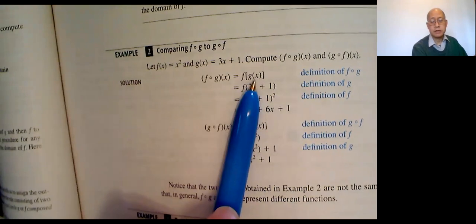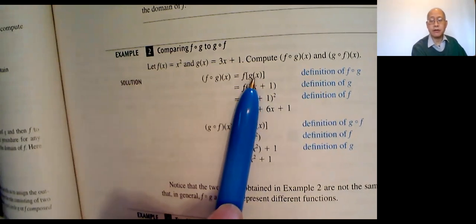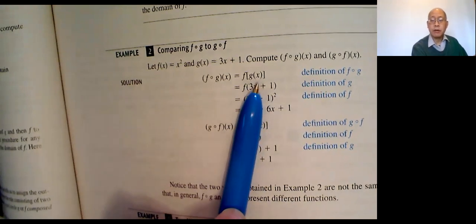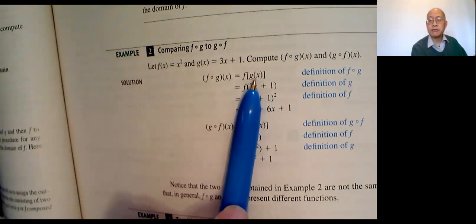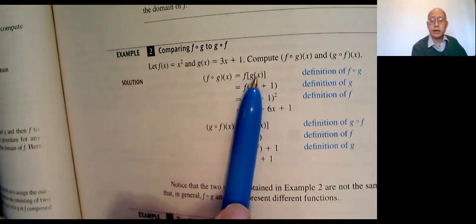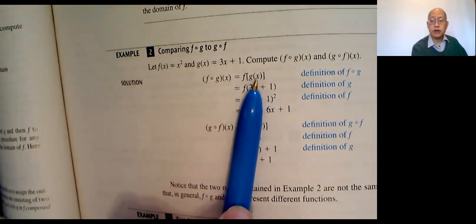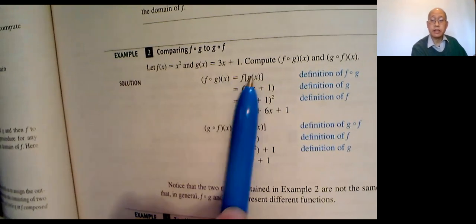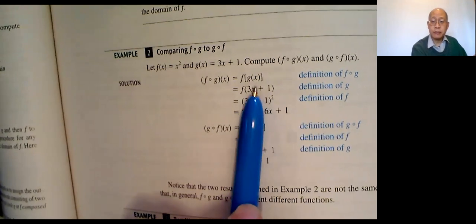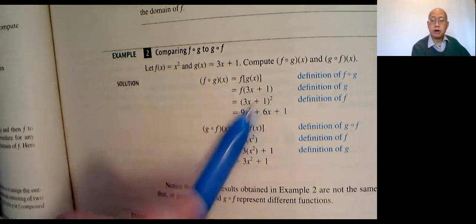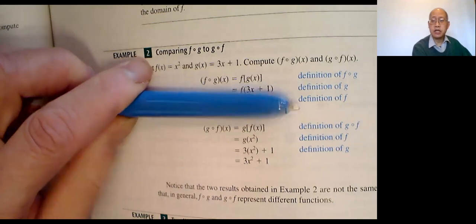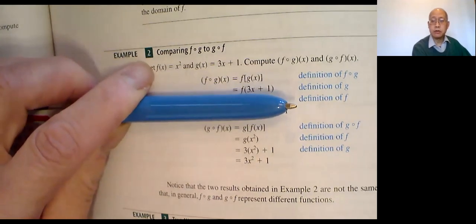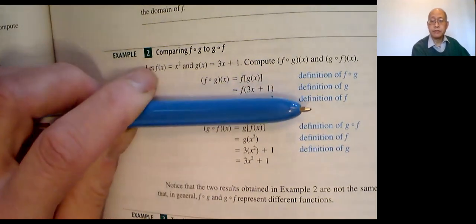So how do I do that? I'm getting dizzy looking at all the functions. Well, by order of operations, you do the inside parentheses first. So you go innermost. The innermost is G of X. First you change G of X to what it's equal to. It's equal to 3x plus 1, right? So notice from this step to this step, all they did was change G of X to what it's equal to, 3x plus 1.